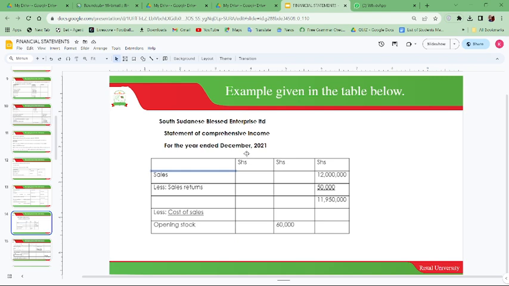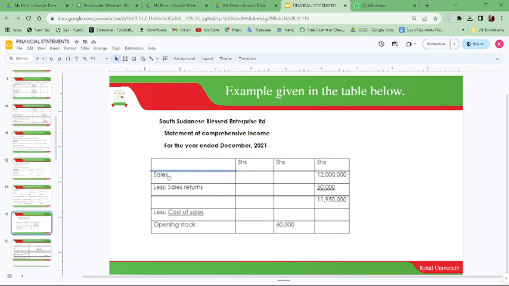Here we have our credits and debits, and here we have our shillings. This column is normally for calculating, and here you write the final answer.